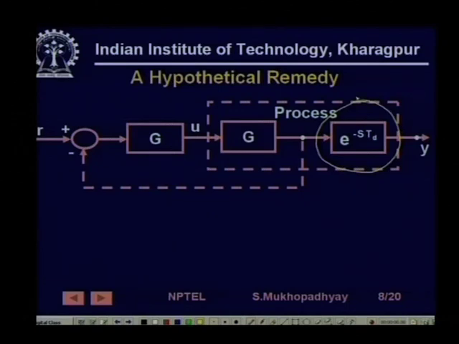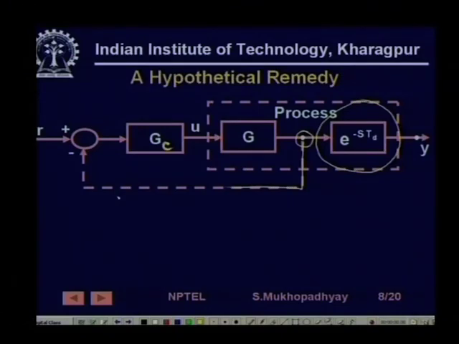if somehow we could take the feedback of the process from this point, this is GC by the way, then at least from the stability point of view, I could neutralize the effect of delay, apart from the fact that in the response there will be a delay. That is generally not of too much concern in industrial process control, because whatever response you want will come a little later.